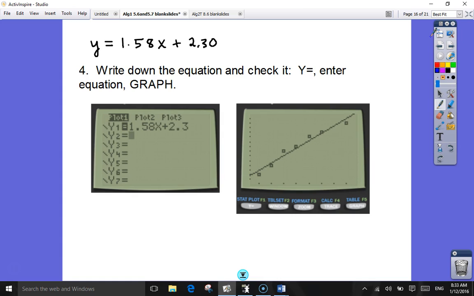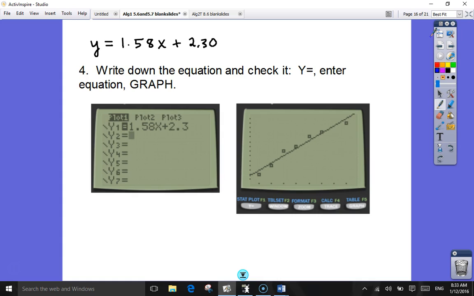And if you want to see your line go through the points, then go to the y equals, right, top left, and you should see this right here, and put this, 1.5x plus 2.3. And then hit graph, which is here.